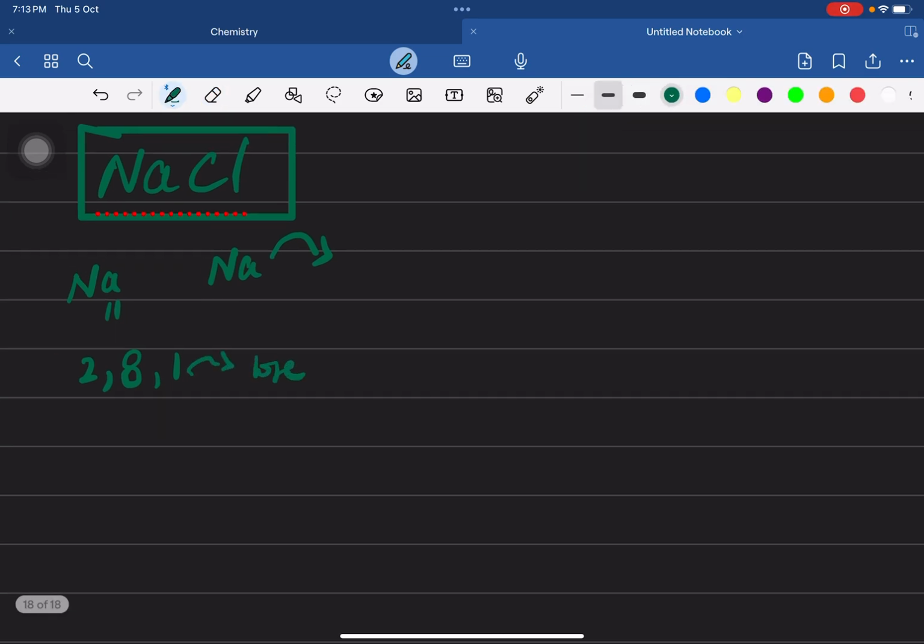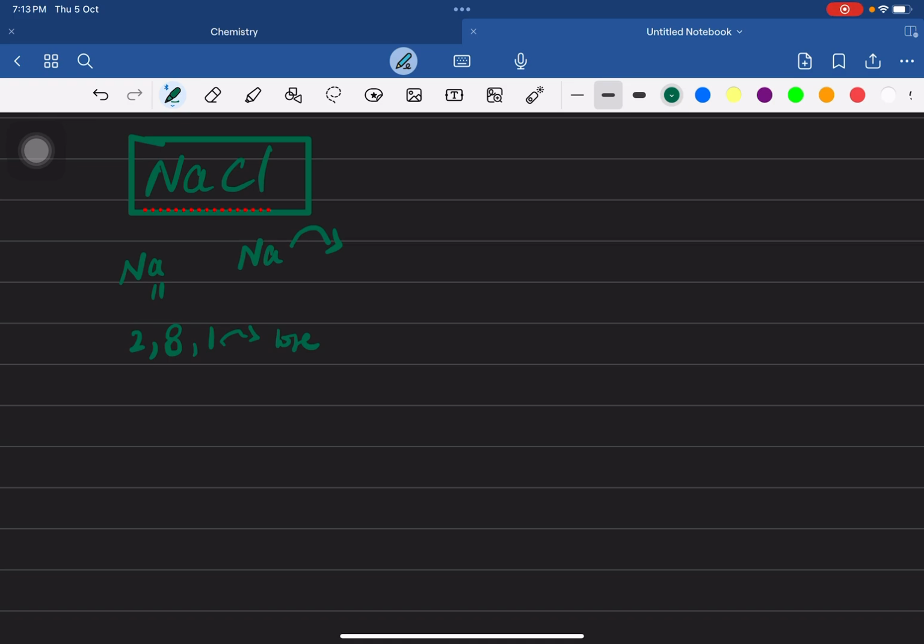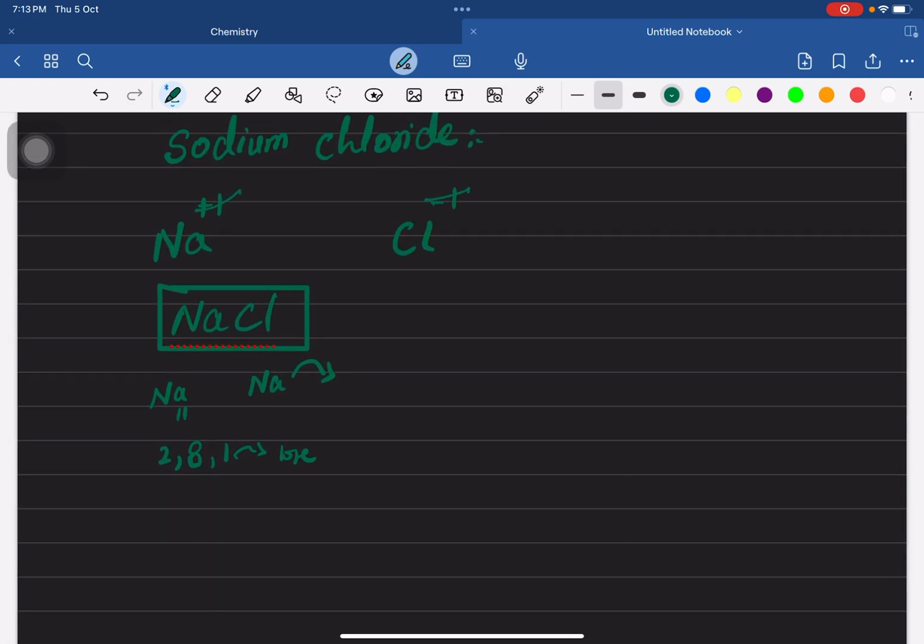Now if the examiner asks to show only the valence shell, then you are going to show it like this. This is the valence shell because the electron has been lost.